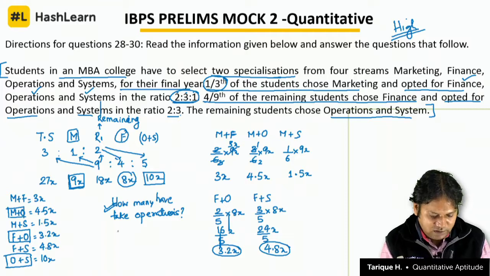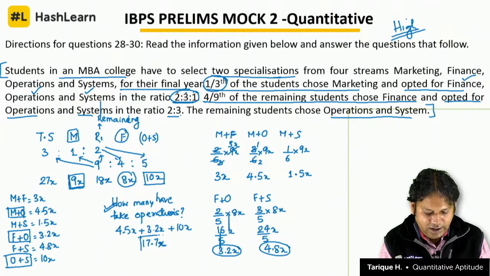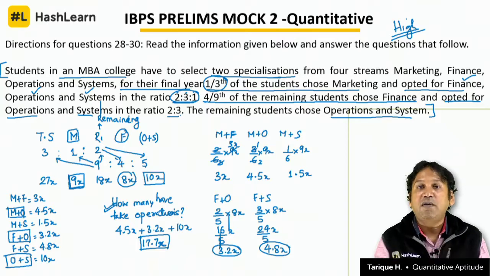So we have to add all these values: 4.5x plus 3.2x and 10x. So 4.5 and 3.2 is 7.7, plus 10, 17.7x have taken operations.